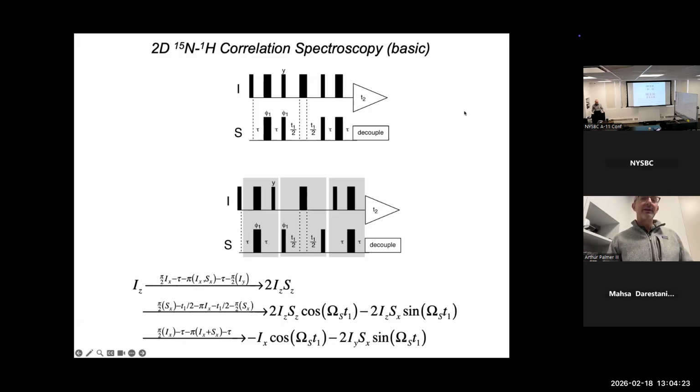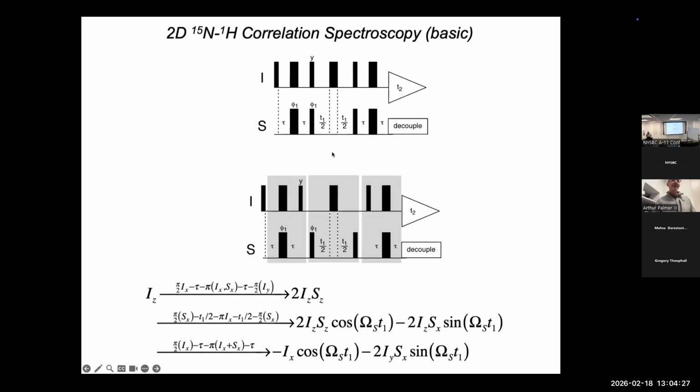So here is the simplest HSQC experiment. And one of the main things in looking at pulse sequences is learning how to break them into blocks that you already know. So I've helpfully color-coded the sequence in 3 blocks.